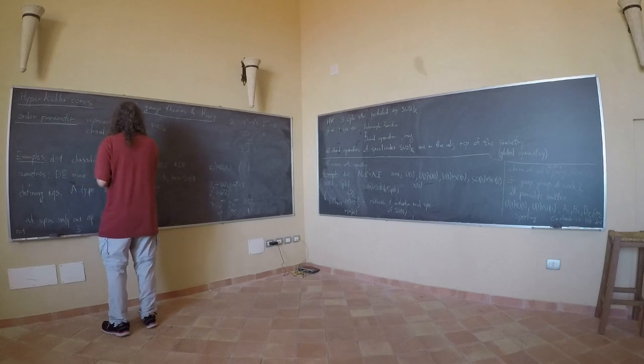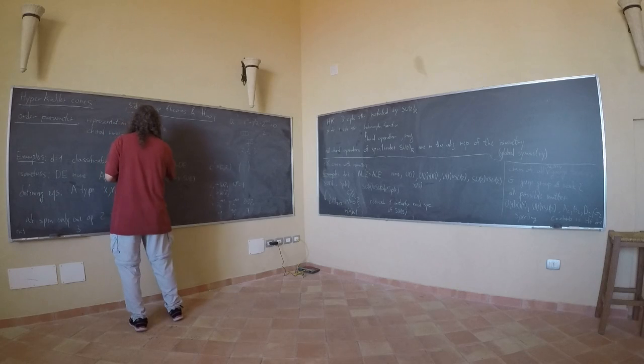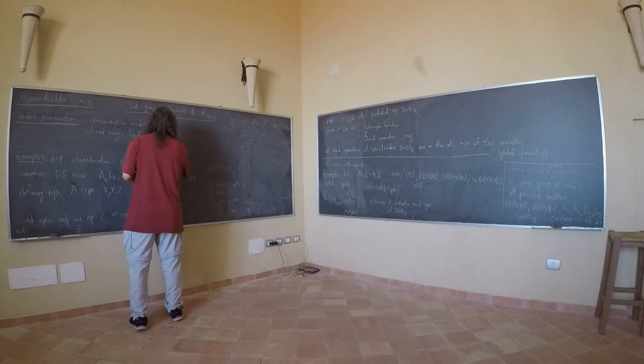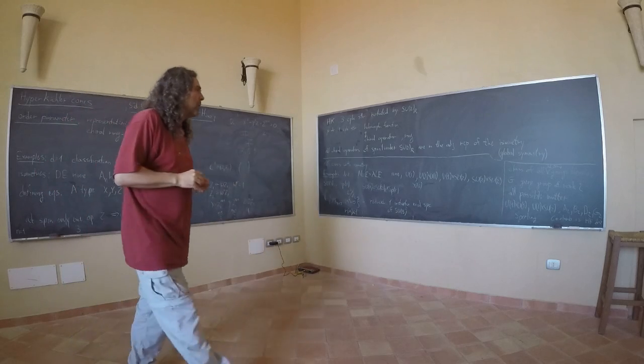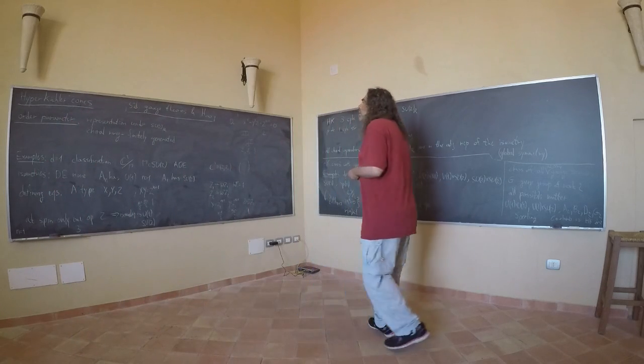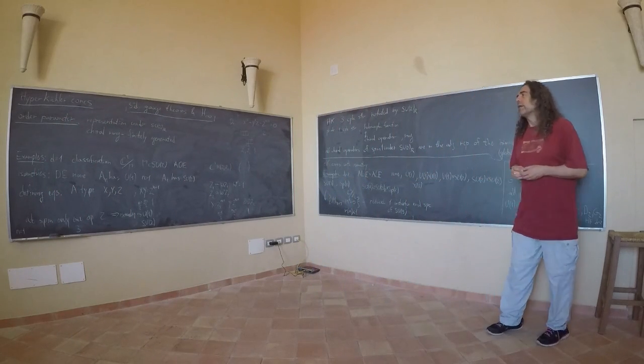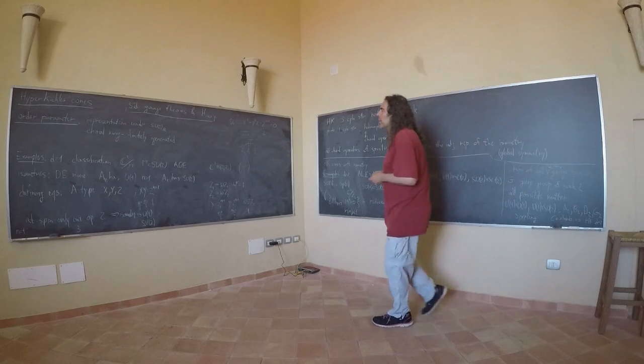And this chiral ring is finitely generated. It's a finite dimensional space, and therefore there are finitely many operators in the chiral ring which generate the whole ring.